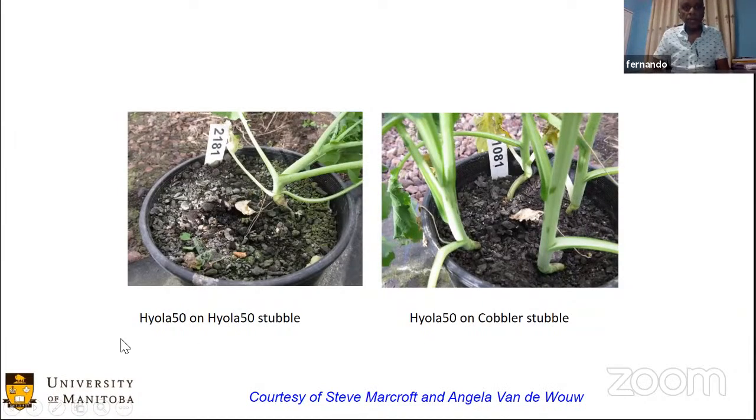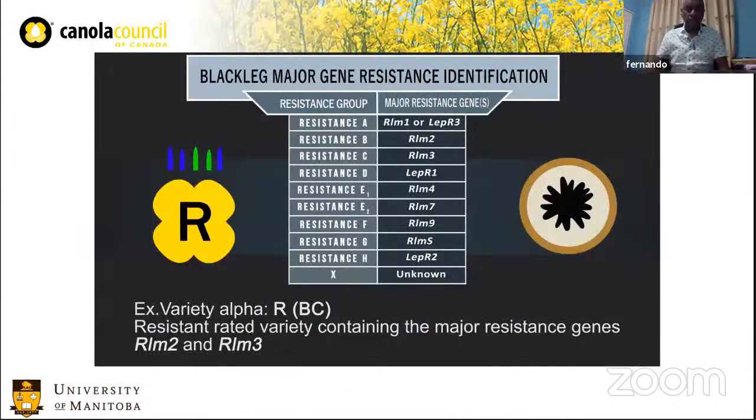But that same variety, Hyola 50, can be grown on a different stubble, which means different virulence genes, and then you will not get the same infection. Taking this as a principle, we did research to see whether that would hold true in Canada, and all the preliminary results showed that.